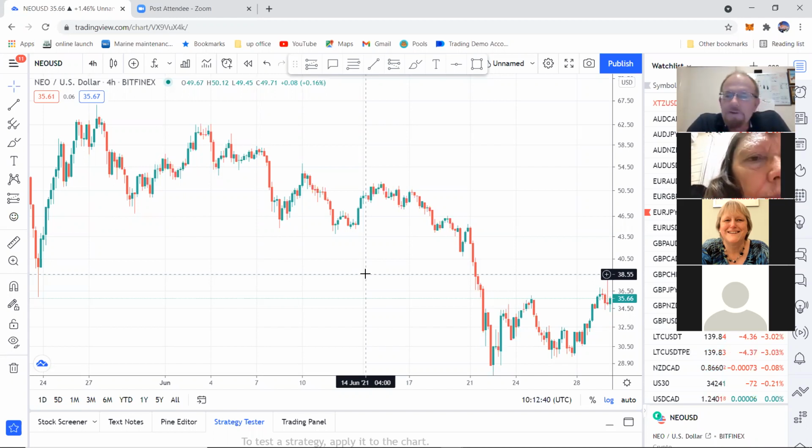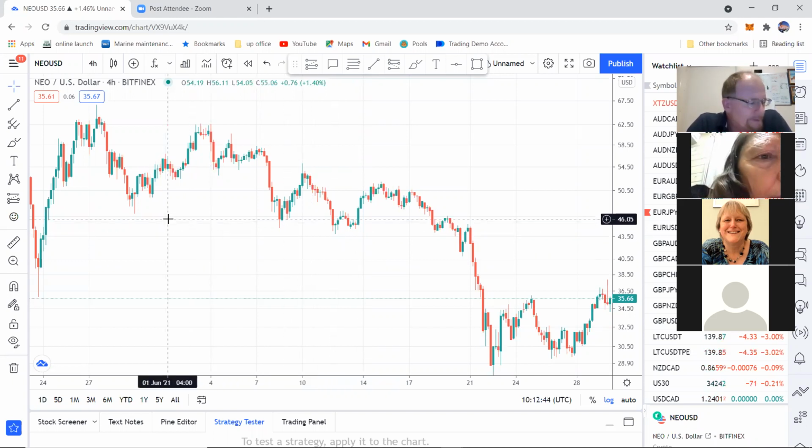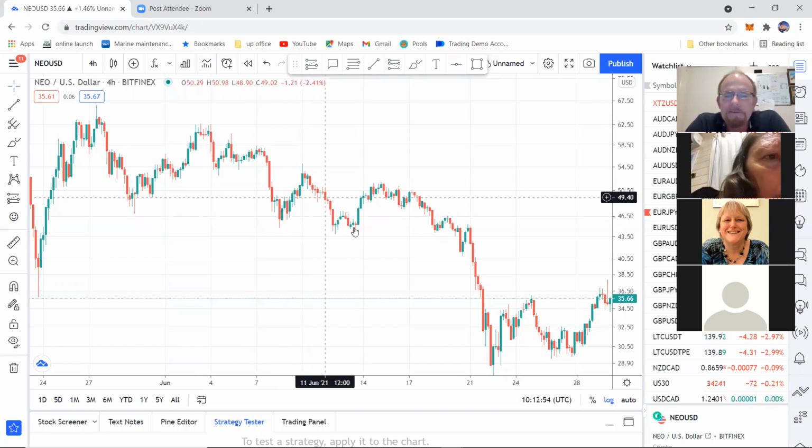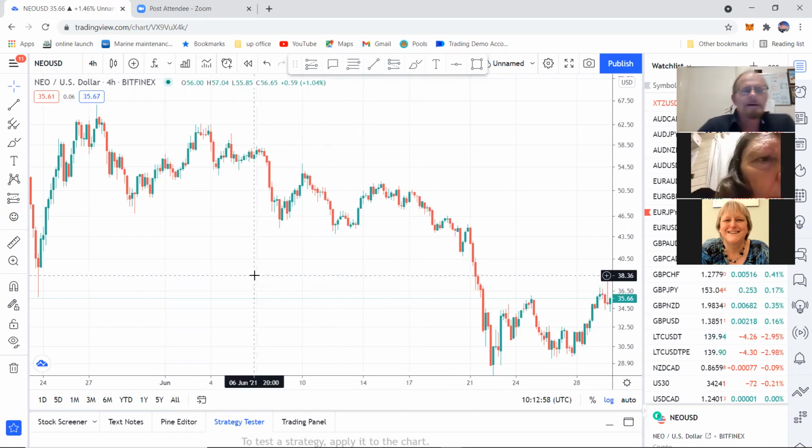If anybody's watching this one and hasn't seen those and doesn't know what I'm talking about, let me know and we can definitely make sure you get a hold of those videos too. And then last week we went through the candlesticks. So these little red and green lines, what are they? What do they mean? And how can they help us? We went through all of that. When I say we went through all of that, we just touched on it basically. But we went through a couple of different scenarios and what they do mean.